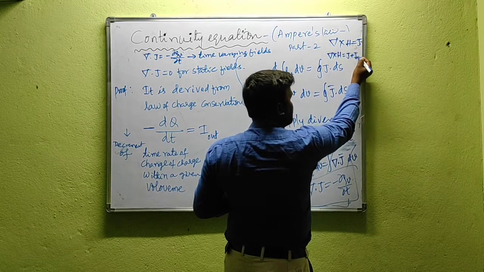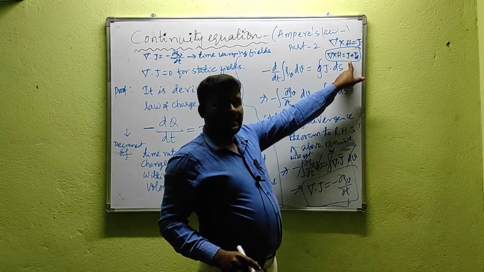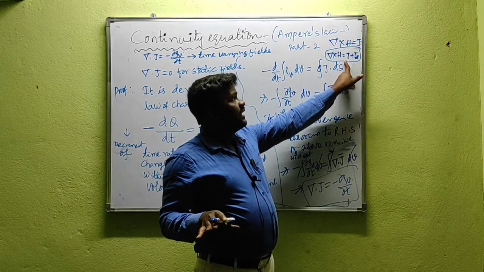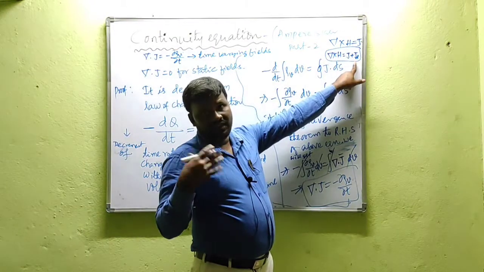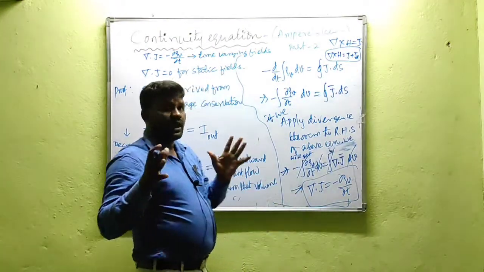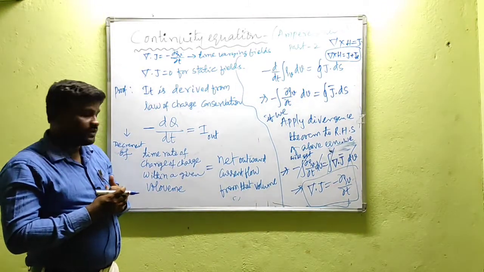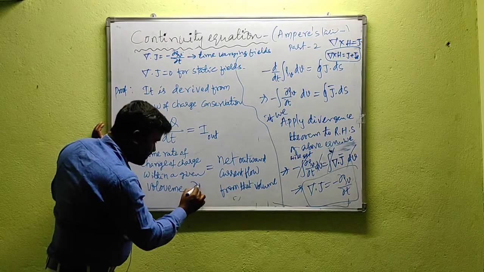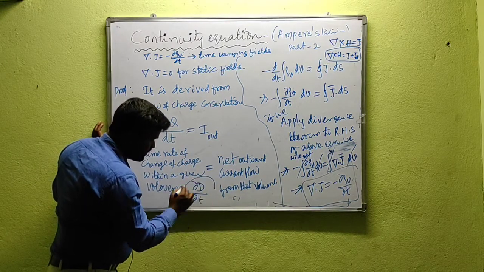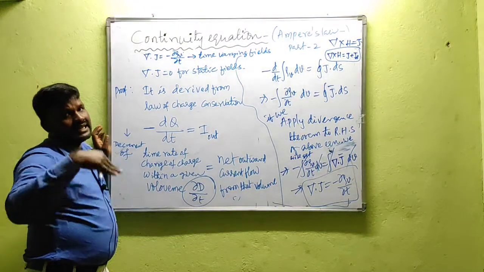Del cross H equal to J is valid for static fields, and del cross H equal to J plus JD is valid for time varying fields. Displacement current is due to time varying fields. The displacement current density is given by ∂D/∂t. Please remember this. We will prove displacement current density as ∂D/∂t in the next class.